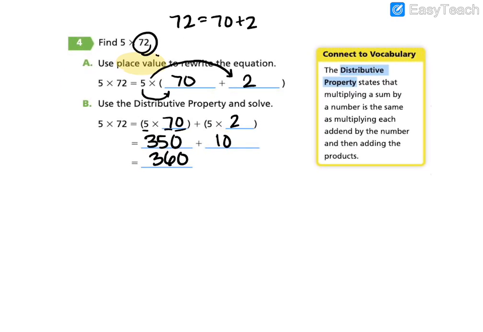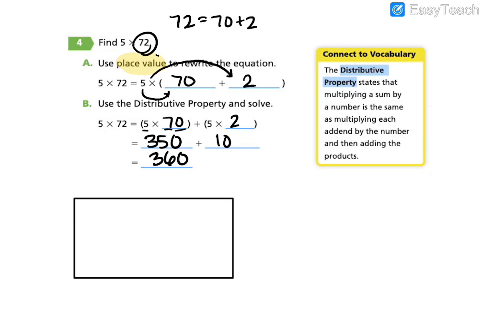Now, if you remember using an area model, you might have used this last year. This is another way to understand what distributive property looks like. What we're doing is breaking apart one of our factors. So now we have multiple numbers that we're multiplying by.